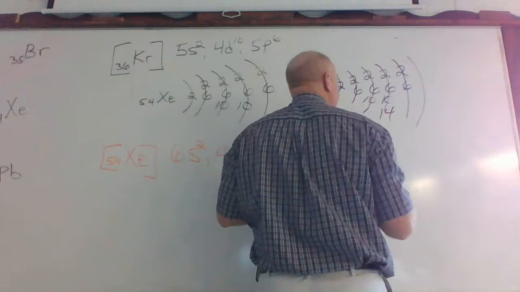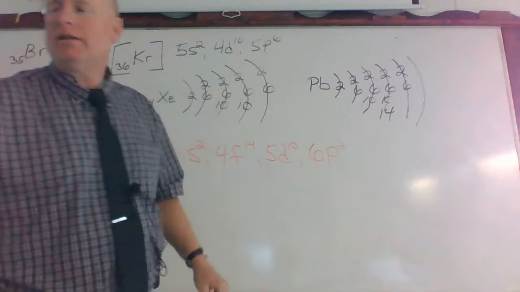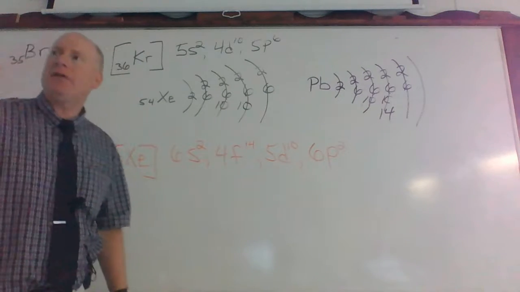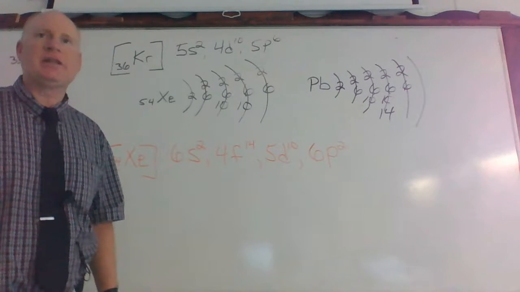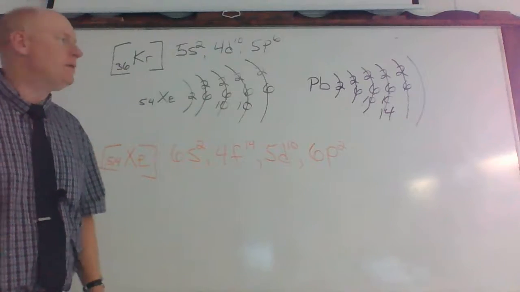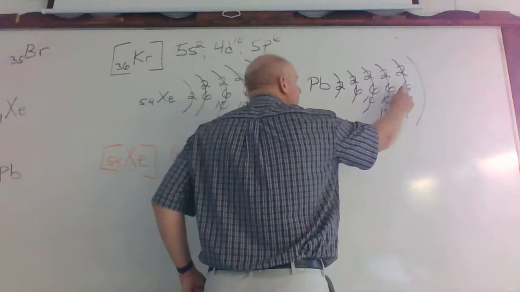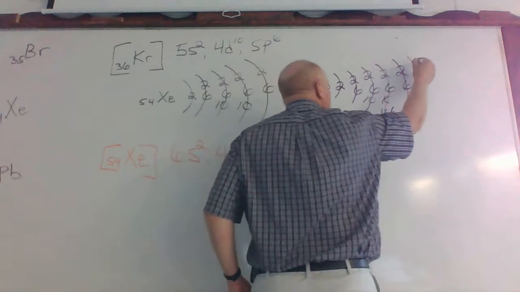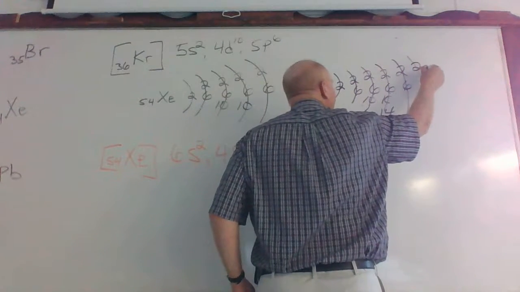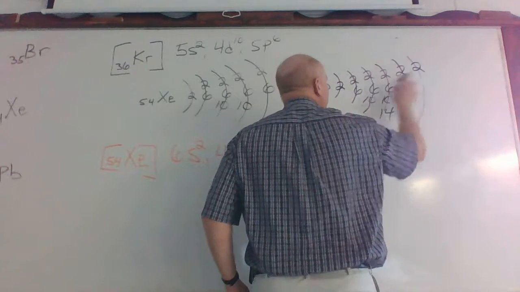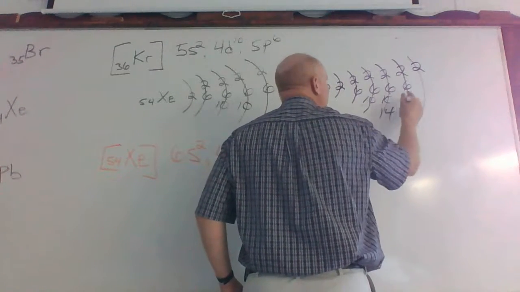Now, one of the things, is this difficult to do? Well, maybe the first, second, or third times, but that's what's nice about having that slide rule. It helps compensate for that, okay? I think we got to put a 2 here. And then eventually we're going to have to put 1, 2, 3, 4, 5.